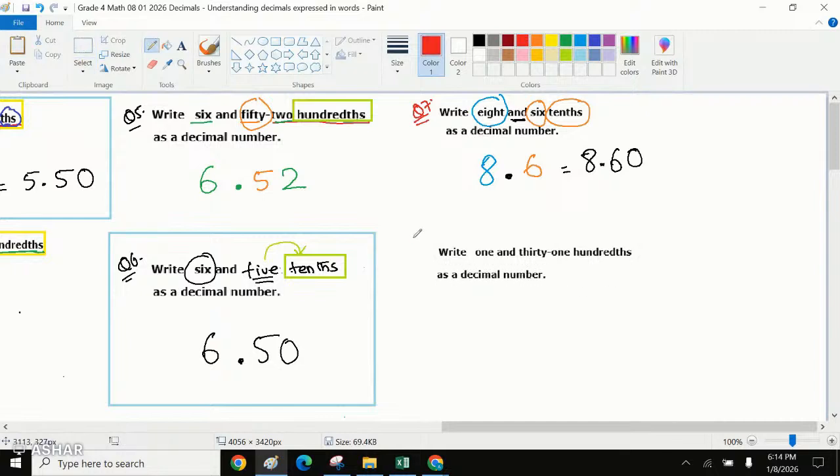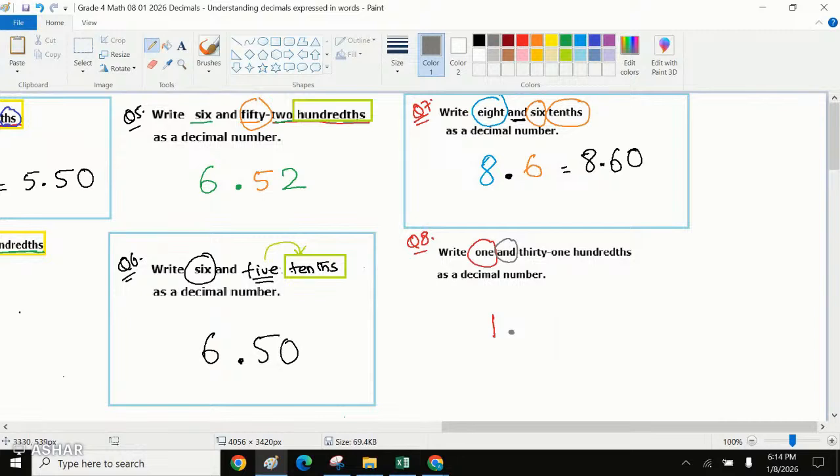This would be our question number 8. So what can we say about question number 8? Write 1 and 31 hundredths. This one is 1 and means a decimal. Okay. Very good. 1.31. Thank you so much.